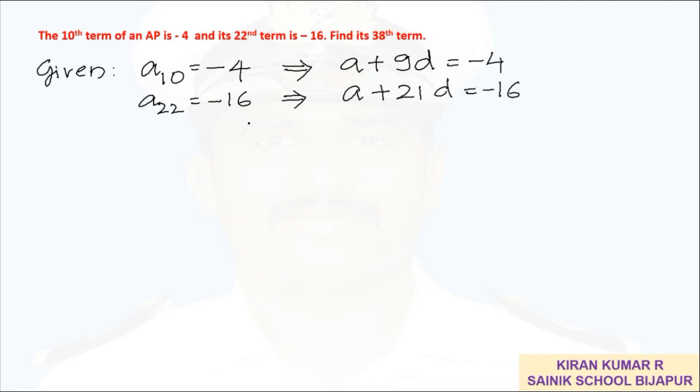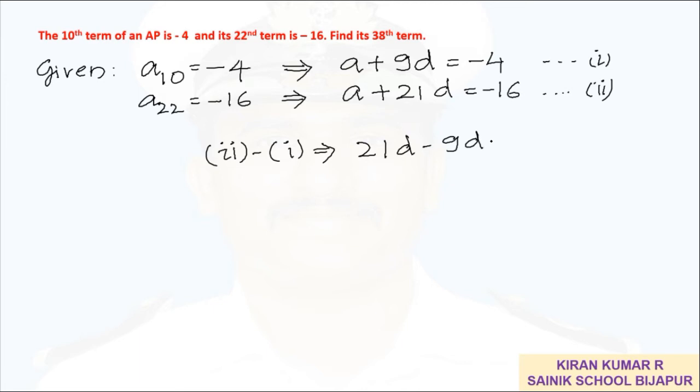Here we are getting simultaneous linear equations. We can simplify these two equations in the known method. Let us follow the elimination method. If I consider this as equation 1 and this one as equation 2, suppose if I do equation 2 minus equation 1, I'll be getting A cancelled, so 21D minus 9D equal to minus 16, minus of minus is positive 4.